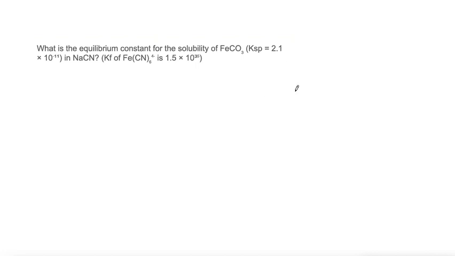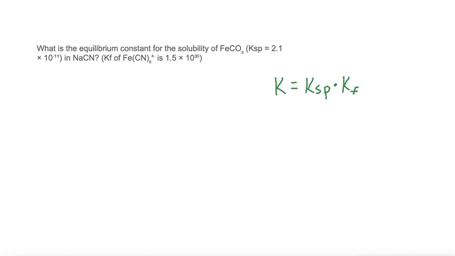But the general rule, if you just want to learn what you need to do, is that the overall equilibrium constant is going to be equal to the KSP multiplied by any KF, the KF of any complex that gets formed when it's in that particular solution.